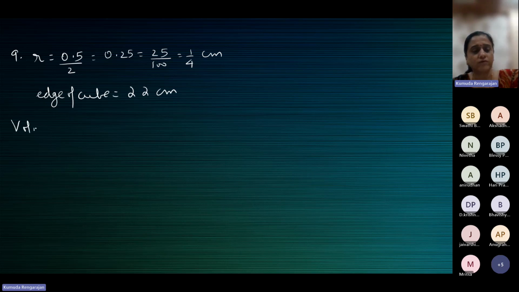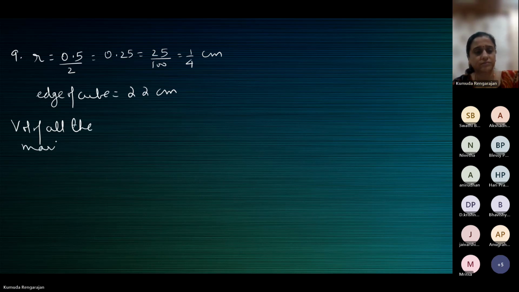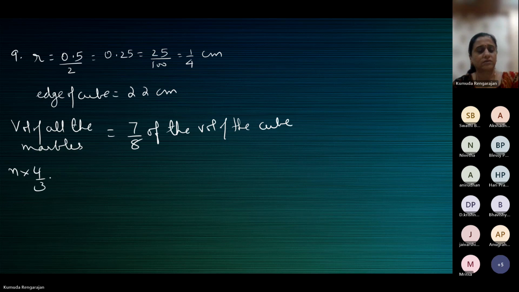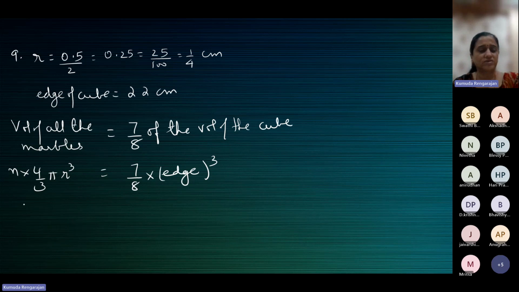So volume of all the spheres or all the marbles is equal to 7/8 of the volume of the cube. So same thing, n into 4/3 pi r cubed is equal to 7/8 into h cubed. Yeah, what's the answer for this one?